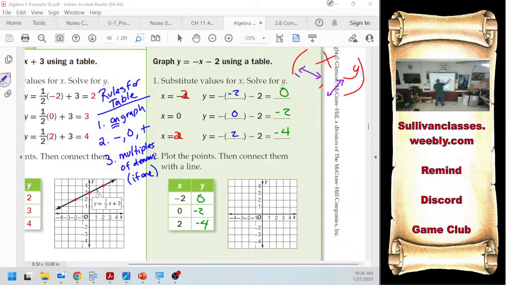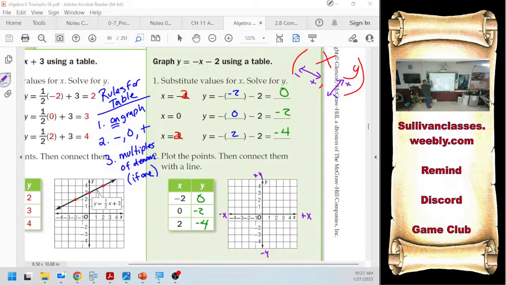Okay, x's go from negative to positive, y's go from negative to positive, left to right, up to down. You can also just put negative x here, positive x here, negative y here, positive y here. Okay, you don't have to write that stuff. I'm just saying it might help you.